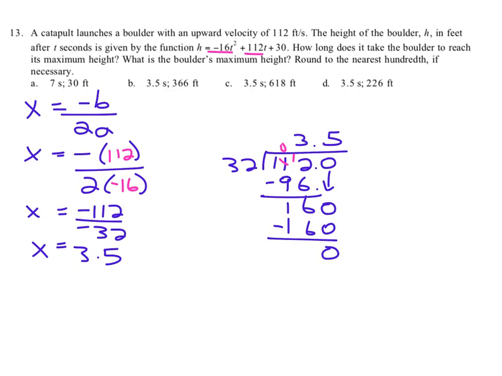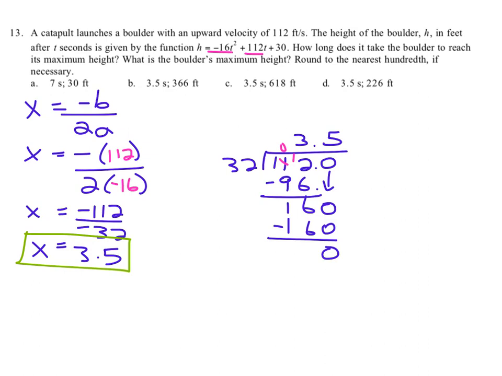If we were graphing this, that would be the axis of symmetry. But we're not graphing it. All we're doing is using this number to answer how long it takes the boulder to reach its maximum height. It takes 3.5 seconds. And then gravity overwhelms the upward velocity as it slows, and then stops.